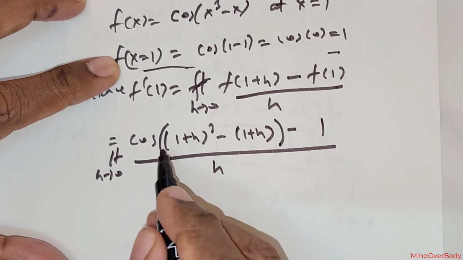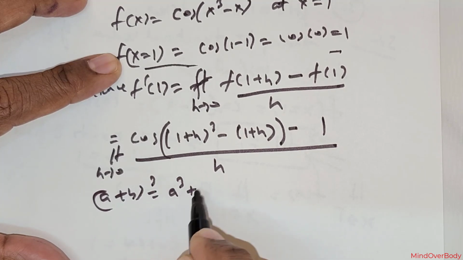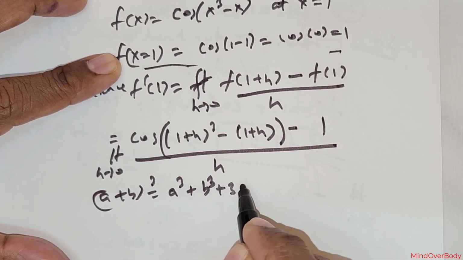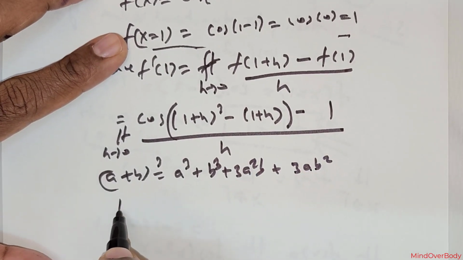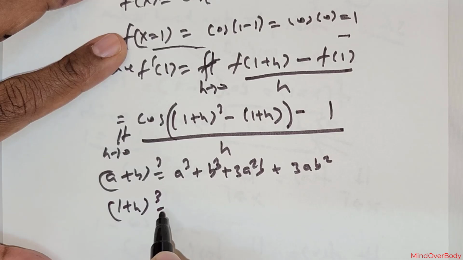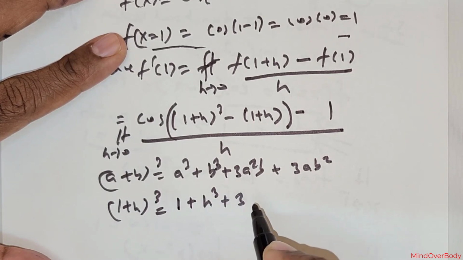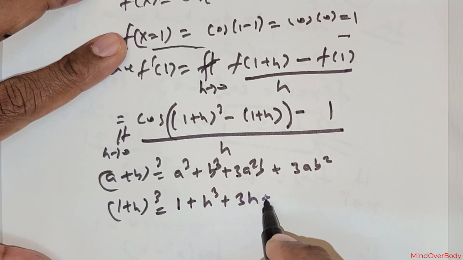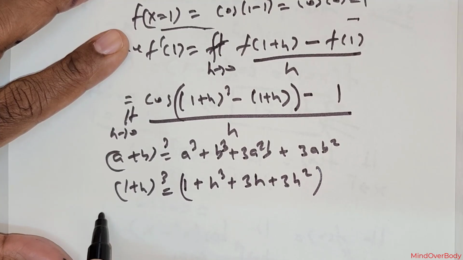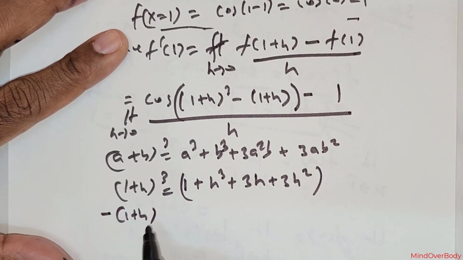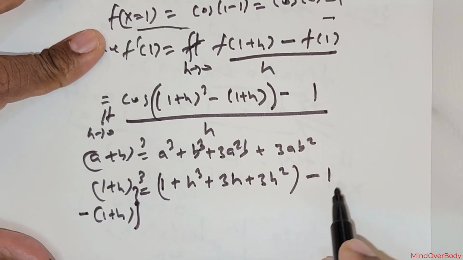Now we will have to expand this using the (a + b)³ formula, which is a³ + b³ + 3a²b + 3ab². So by that, (1 + h)³ will be 1³ + h³ + 3(1)h + 3h². Now this is subtracted with (1 + h), so this is going to be −1 − h. I'm going to do the calculations here.